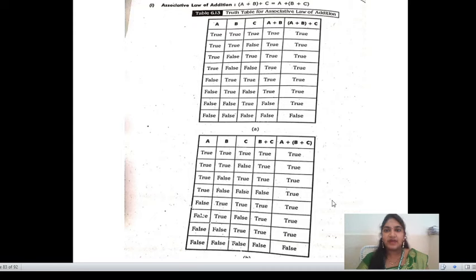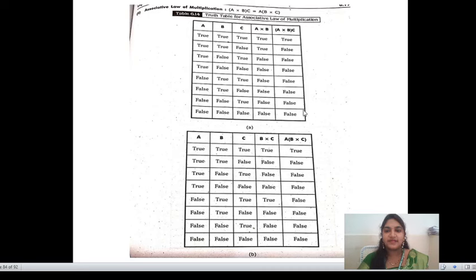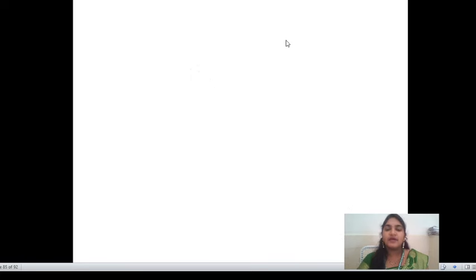Next, we will follow some laws. See this associative law: A plus B plus C is equal to A plus B plus C. For this law, if all are false the result is false, and the rest are true. So this is the truth table for the associative law of addition. Next, the same associative law of multiplication follows the multiplication rule: whenever all are true the result is true, the rest are all false.